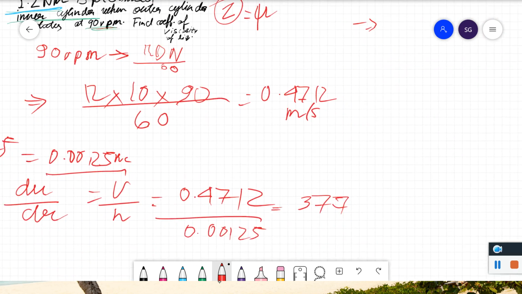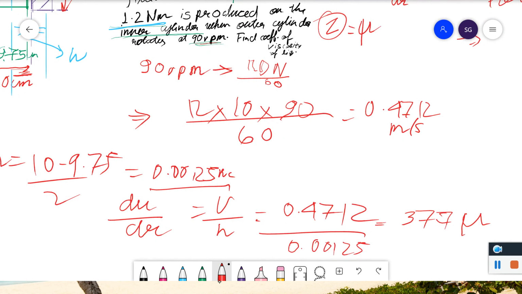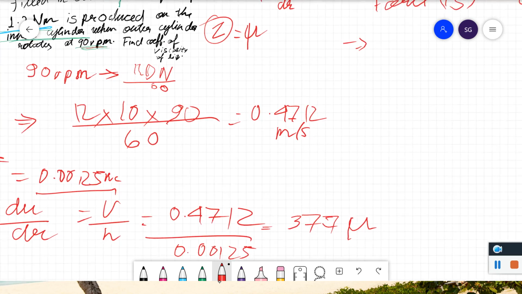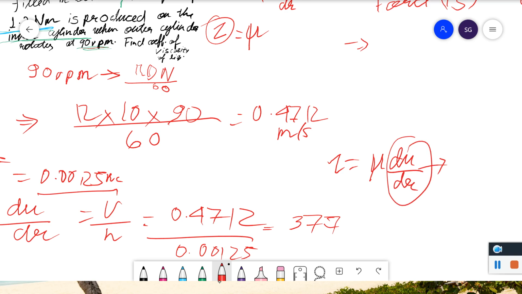Where is 377 mu? This is 377, no doubt, but wait, when we consider tau is equal to mu du by dr, this is 377. So tau is equal to 377 mu. Okay.